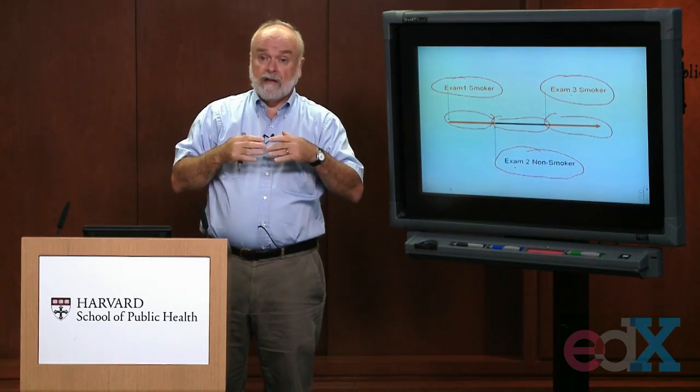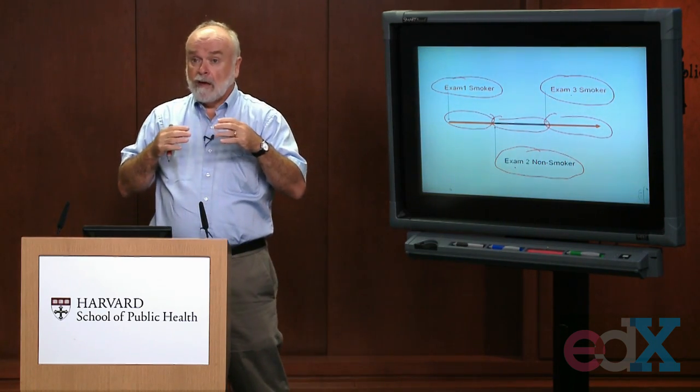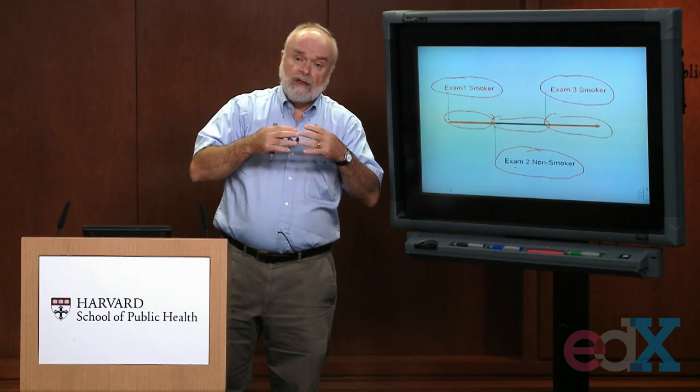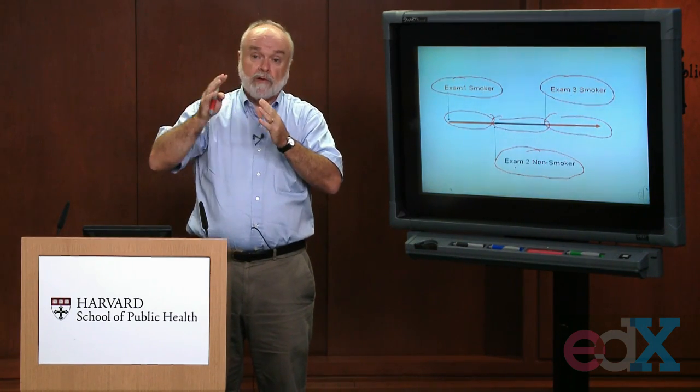On the other hand, if you're measuring smoking continuously at different points in time, you're going to be asking yourself, does the smoking status at a particular time during the follow-up influence the risk of developing the outcome around that time of follow-up? So there are different research questions that could be addressed by different ways of measuring the exposure.